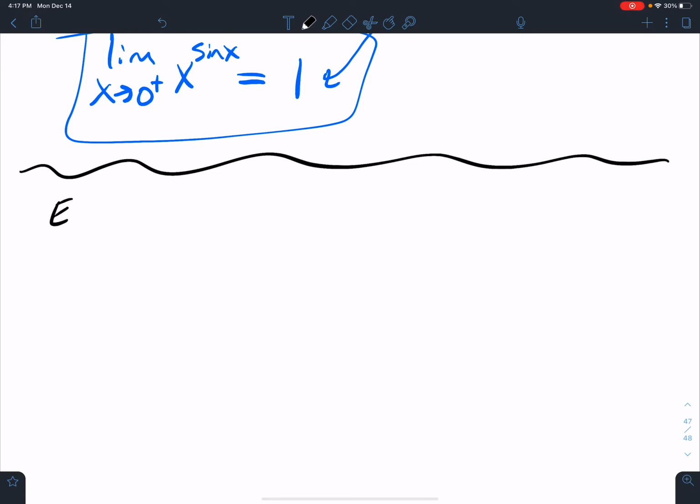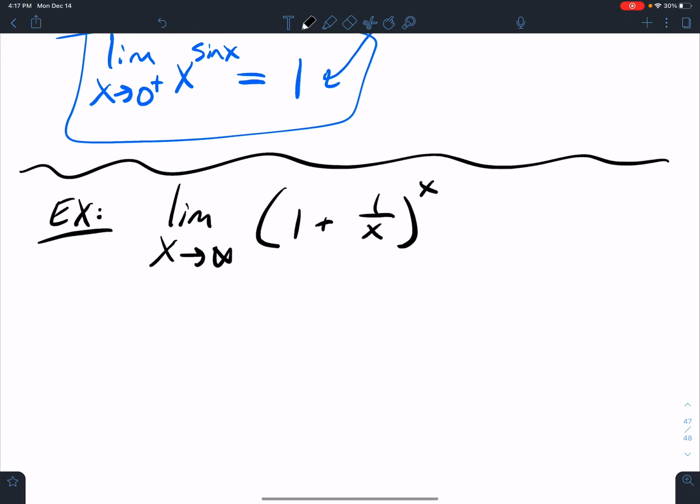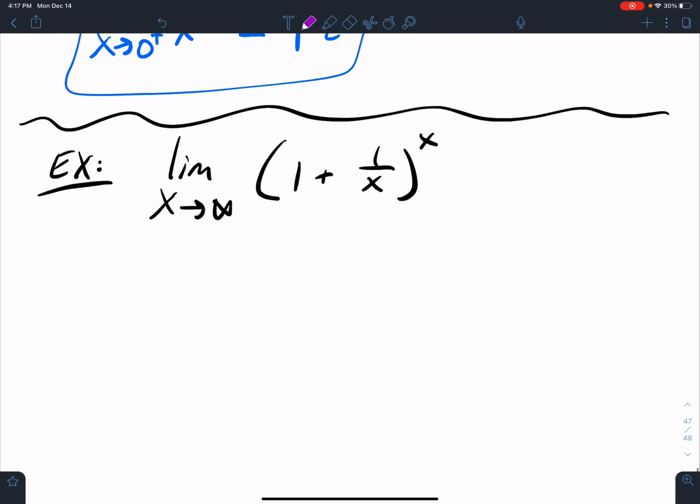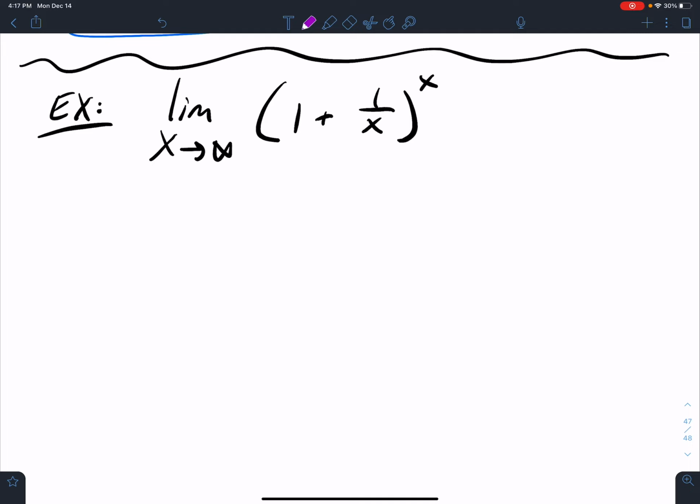This is a very special limit. Limit as x goes to infinity of 1 plus 1 over x, raised to the x. Okay? Now, what is the form here?